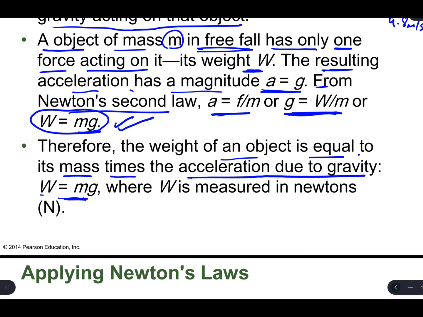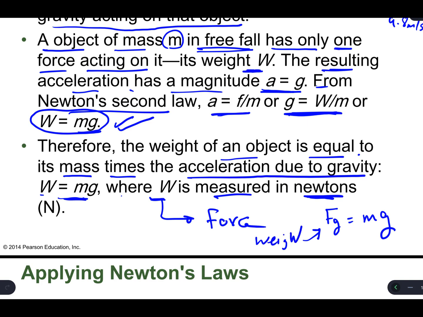W equal mg, where W is measured in newtons, because W is weight and weight is force. So the definition of weight is the force of gravity on an object, and sometimes we call it Fg, we call it mg.